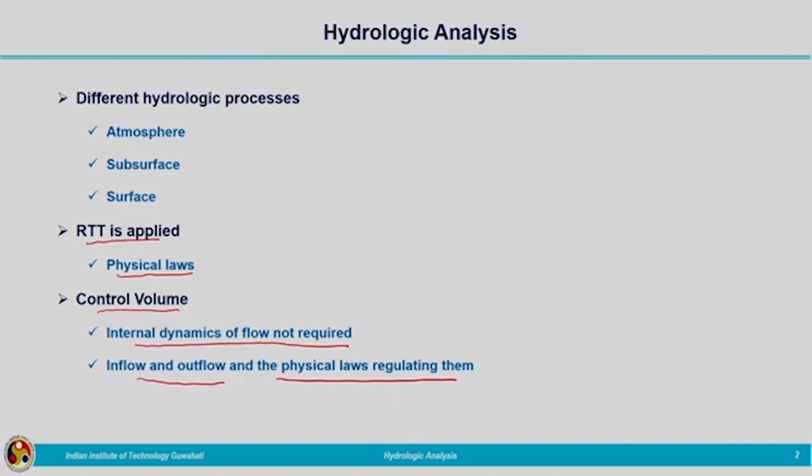So here, by making use of RTT, what is important is the inflow and the corresponding outflow and the fundamental law which is governing that particular process. So we have studied whenever there is a rainfall or storm occurring, what are the different processes taking place before it reaches the outlet as runoff.